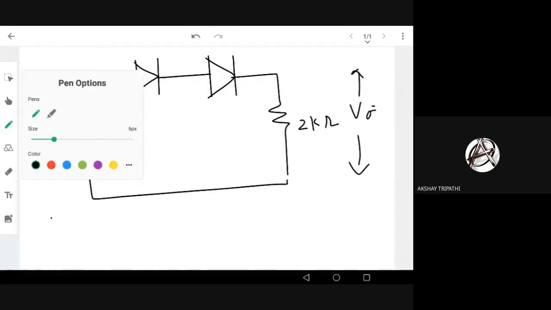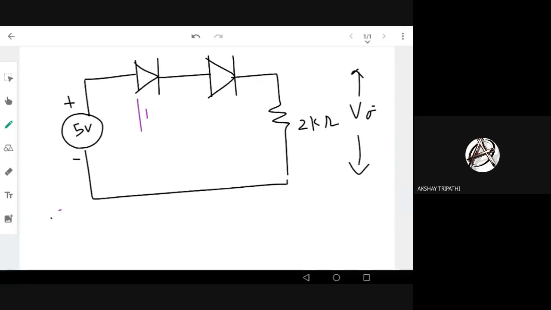You can replace them with voltage sources, two voltage sources in series, like this: 0.7 volt and 0.7 volt. In the reverse state, there will be no current anyway because both diodes are reverse biased.